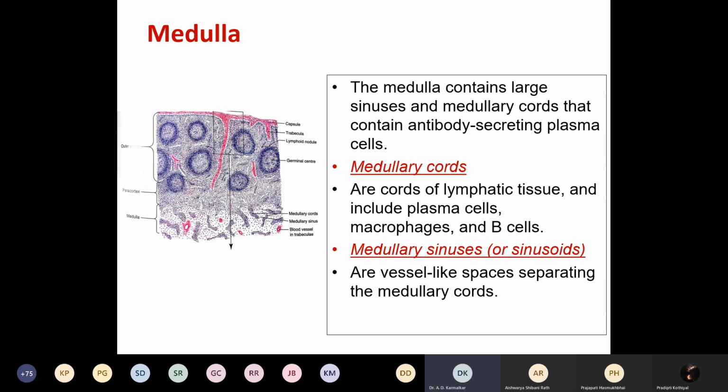In between the cords there is a space called a sinus or sinusoid. So there are medullary cords formed by lymphatic tissue, plasma cells, macrophages and B cells. The medullary sinus is nothing but a sinusoid, a large vascular space present in between the cords. That's the difference between the cortex and the medulla.